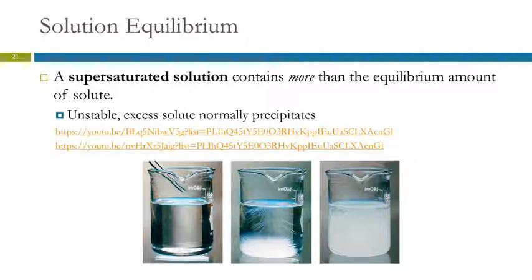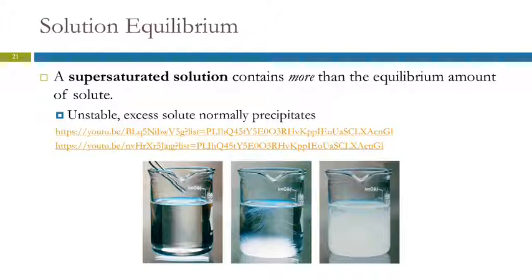And what's very strange is you can also have a supersaturated solution, which contains more than the equilibrium amount of solute. These solutions are unstable, and they tend to spontaneously recrystallize to precipitate. So the way you can make a supersaturated solution, solubility depends on the temperature.